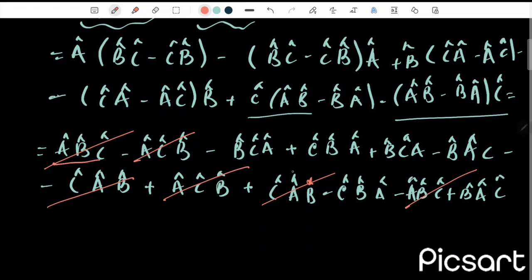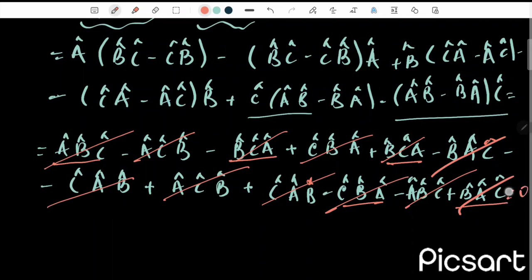I have BCA which is minus, and BCA which is plus. Then I can simplify. I have CBA which is plus, and also CBA which is minus, and I can simplify. And for the last term I have minus BAC and plus BAC, then I simplify, and so here we can see that we get 0.